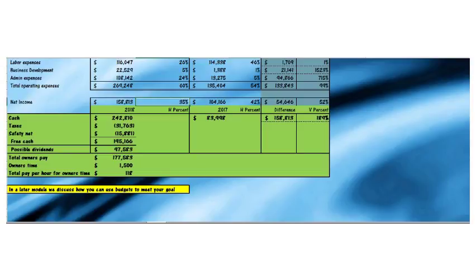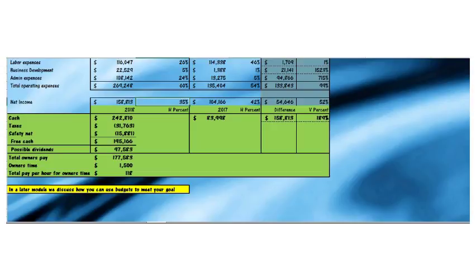We'll just do $15,000. So the free cash will be $195,166. This owner said they want to withdraw 50% of their free cash, which would be $97,583. So total owner's pay in this case would be $177,583. Owner's time is 1,500 hours, and then the total pay per owner's time is going to be $118 per hour.